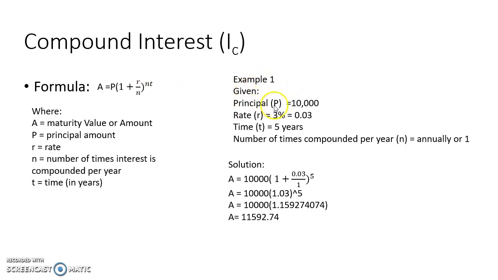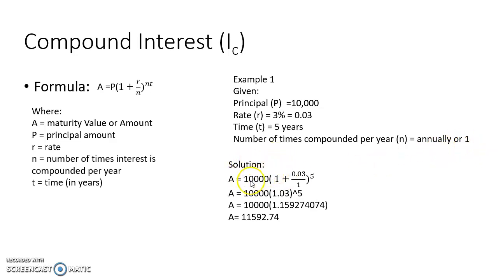In example number 1, we're given P is 10,000, rate is 3%, which is equivalent to 0.03 in decimal. Time is 5 years. Number of times compounded per year, so annually or 1.